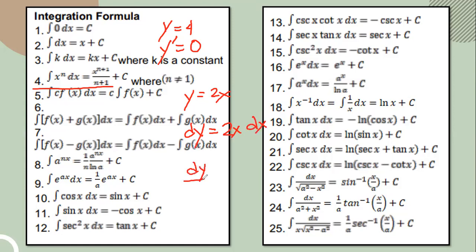Nanggaling lang yan sa dy over dx is equal to 2. Nilipat ko lang yung dx. Differentiating with respect to x, laging merong dx na kasama kapag nag-derivative. Kaya sa integration, laging may dx yan na kasama.